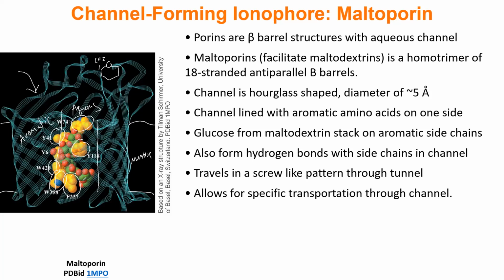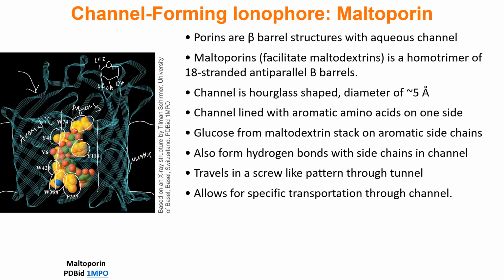So we are interacting through pi stacking there. Our rings are interacting, which allows our sugar to move through the channel. We also have a bunch of amino acids that will hydrogen bond with all of the hydroxyls of our sugar as well.